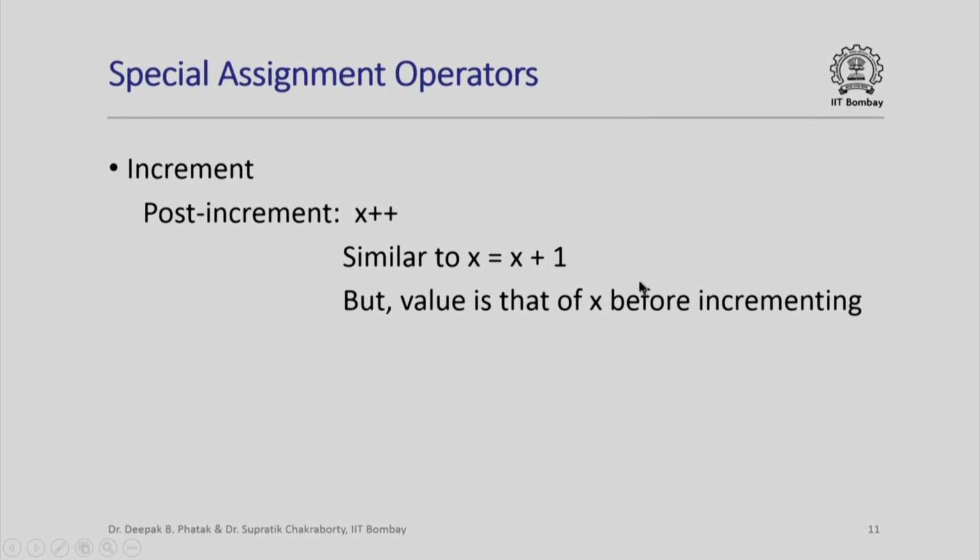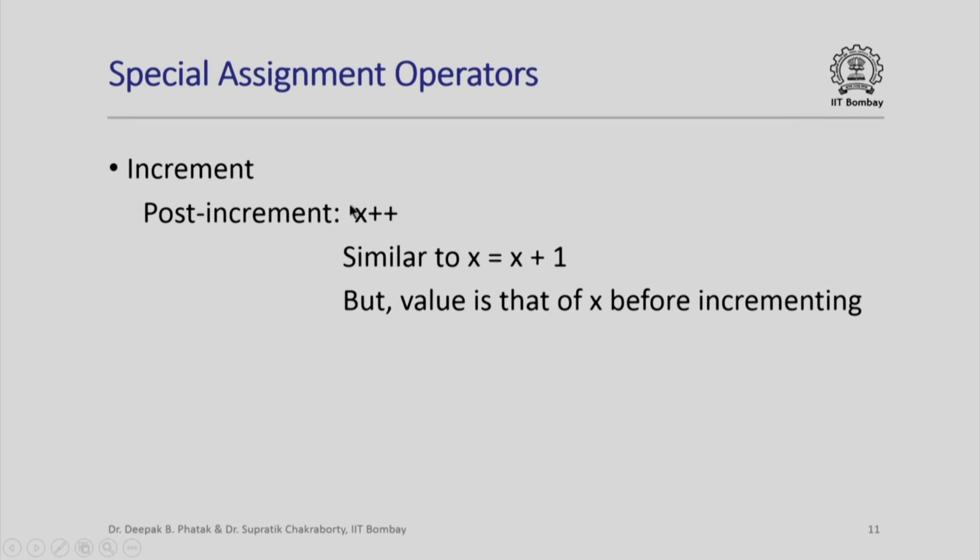Now just like we had the simple assignment operator, there are some special assignment operators that are used in C++. So for example, we have special increment operators, and in fact there are two flavors of it. Post increment, which is used like this: you take a variable x and then you put plus plus. So this plus plus denotes increment, and because it appears after the variable x, we call it post increment.